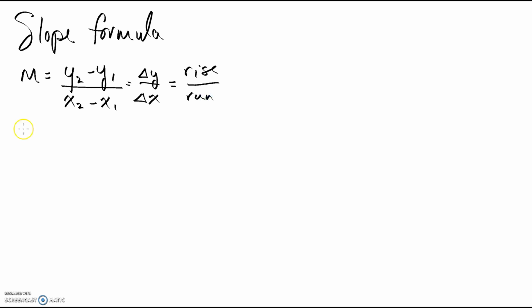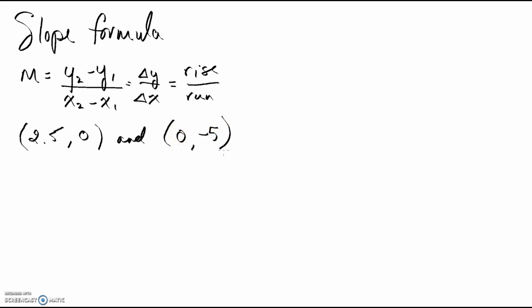I'm going to let you practice with two points on our line. We have 2.5, 0, and another point, the other intercept, was 0, minus 5.